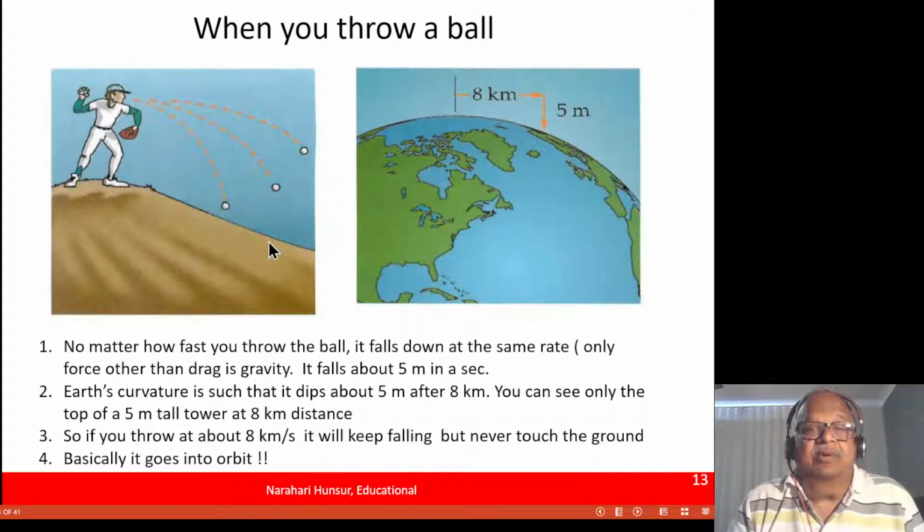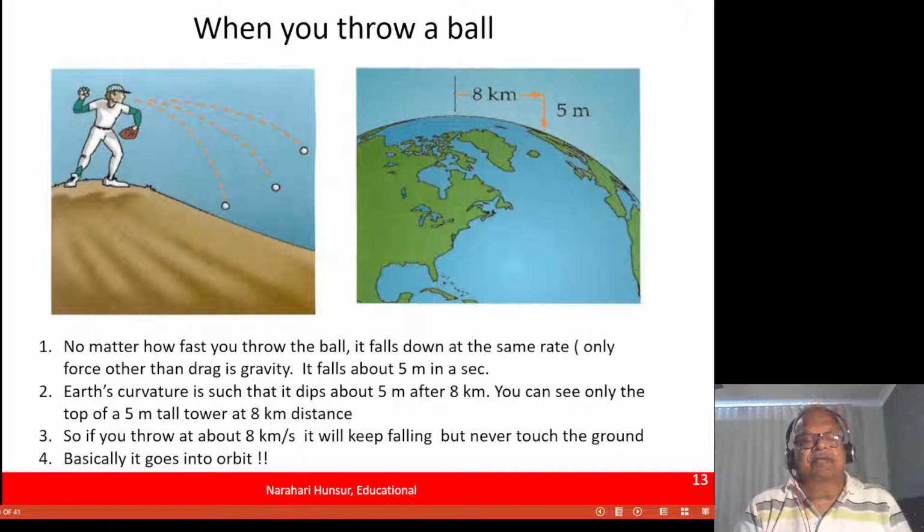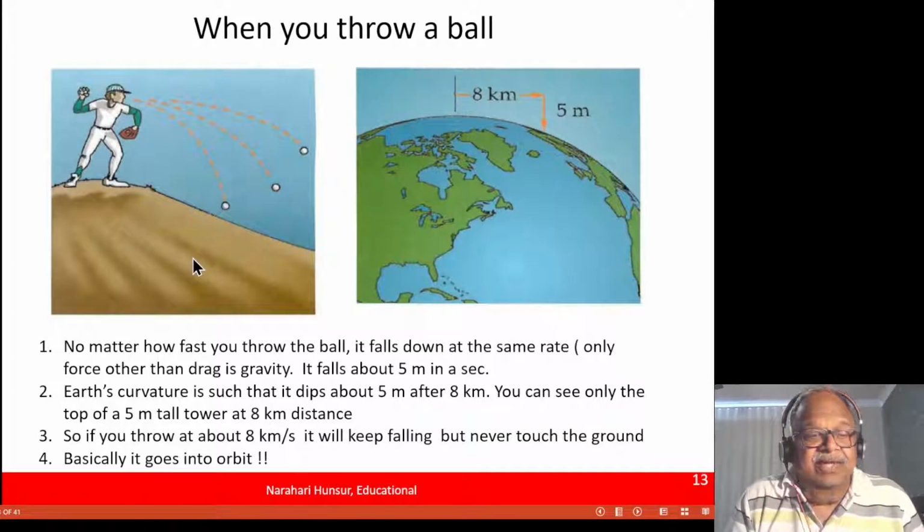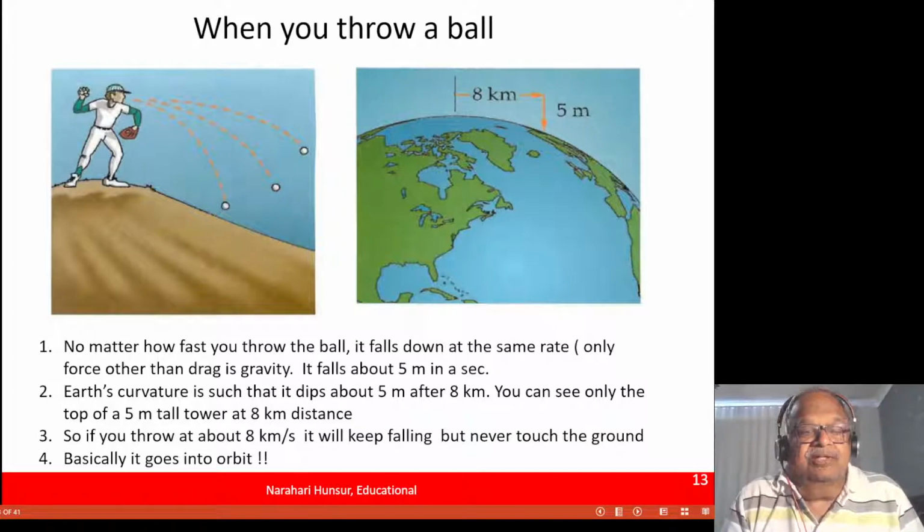But one thing is important. Basic physics says that the ball will fall to the ground about 5 meters in a second. Now, if you remember the basic school dynamics, distance s is equal to initial velocity u t plus half a t squared. In this case, the only force acting on the ball is the gravitational force in the downward direction, that is 9.81.